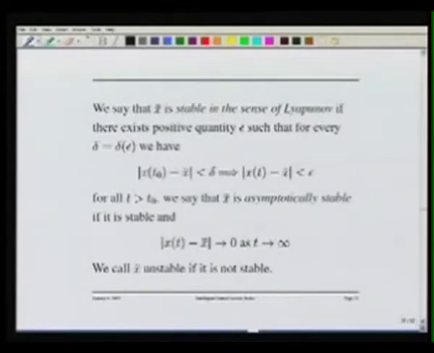We say that x bar is a stable equilibrium point in the sense of Lyapunov if there exists a positive quantity epsilon such that for every delta which is a function of epsilon, this particular condition is satisfied. That is, this is my initial state, where the system state has been disturbed from the equilibrium point x bar. So, there is some disturbance.